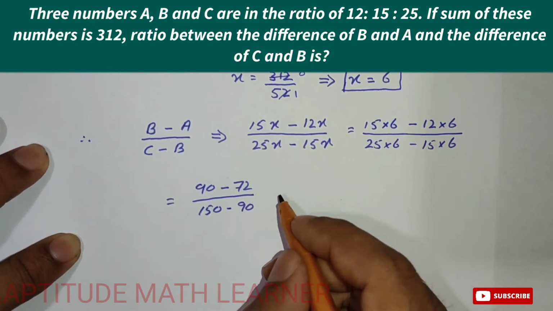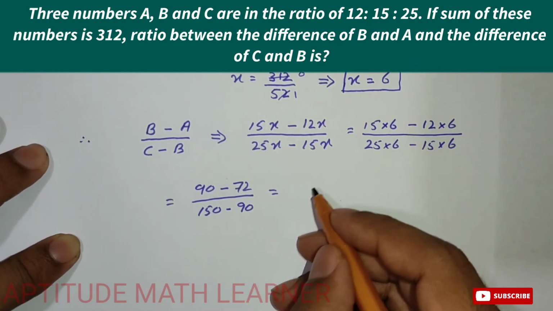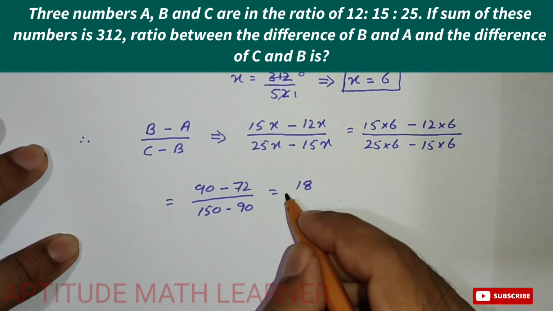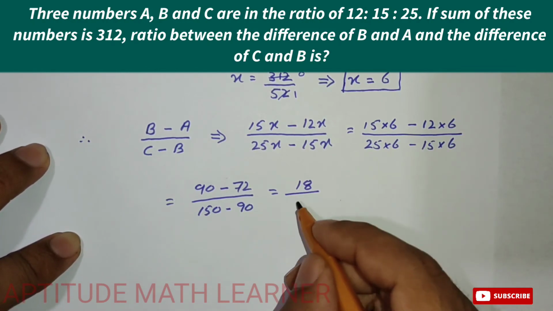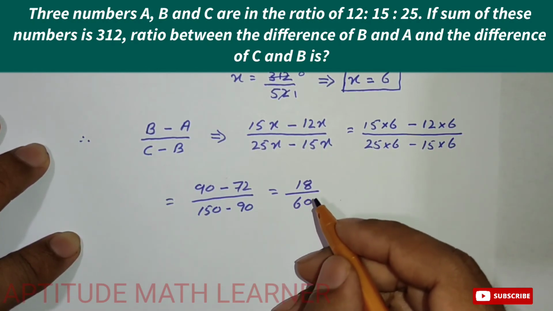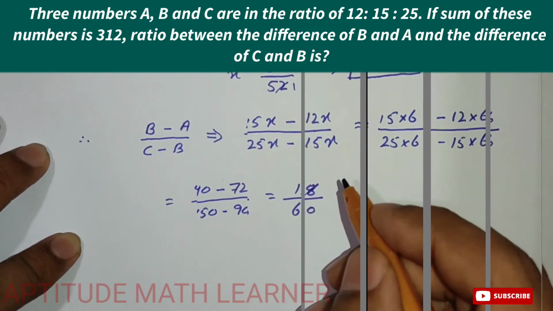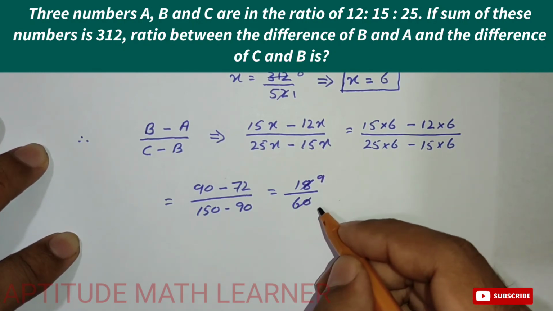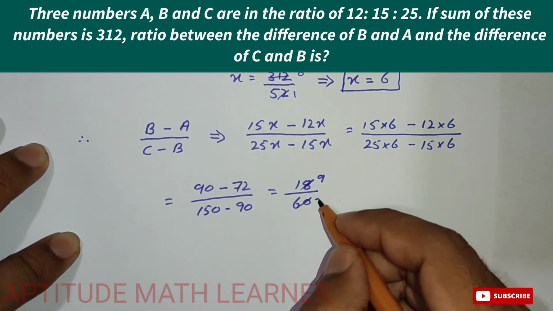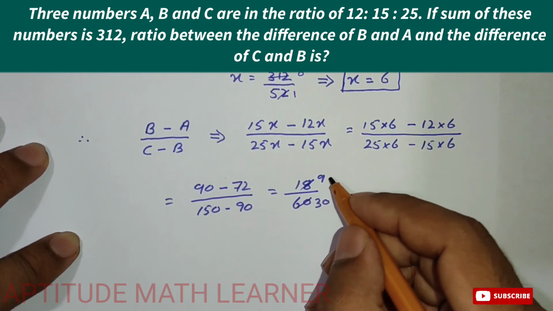So now we have got 90 minus 72, that is 18, upon 150 minus 90, that is 60. After dividing it by 2, we get 2 nines are 18 and 2 thirties are 60, and it can also be further solved by 3.